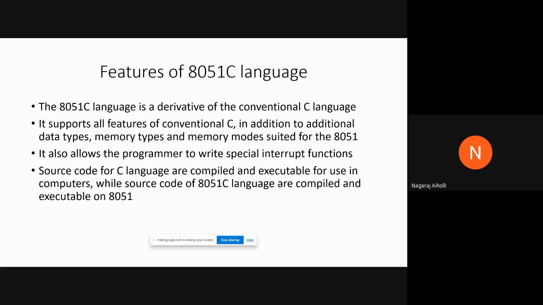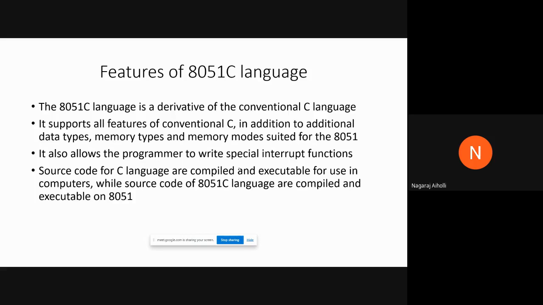Now, the source code written for the C language, the programs that you are writing for C, can be compiled and executed only on computers. Whereas the programs we write using the 8051 C language are compiled and executed on the microcontroller chip. You have to download the program into the microcontroller chip and then run it.